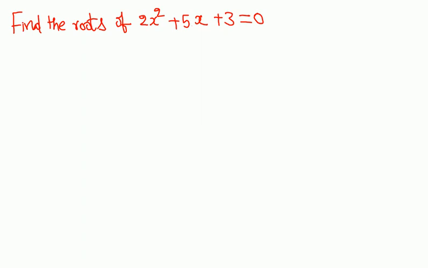So here the a value is the x square coefficient, a is equal to 2, and the b value is equal to 5, and the c value is equal to 3.